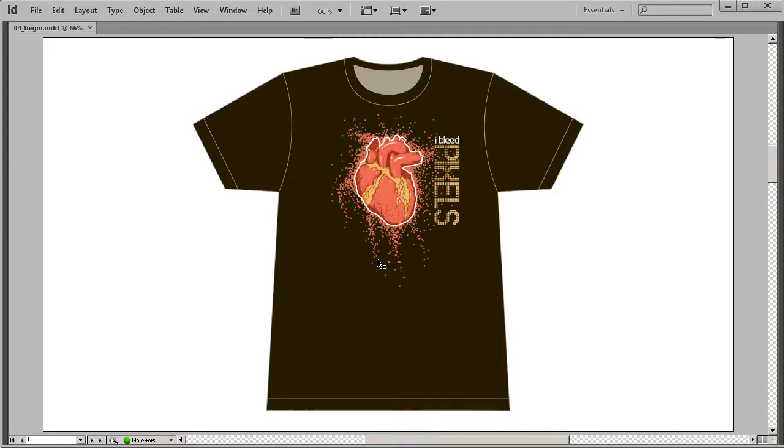So in terms of visual weight, what is your eye drawn to in this project first? Hopefully that's a really easy question for you to answer, because it should be this heart. This should be the image or the illustration that's at really the center of this particular piece. In this piece, the type is really playing more of a supportive role for the image.